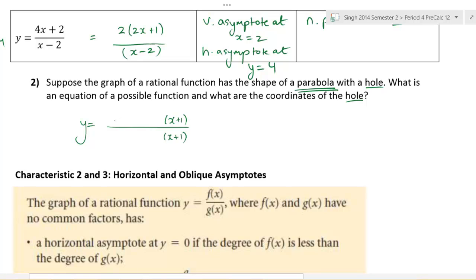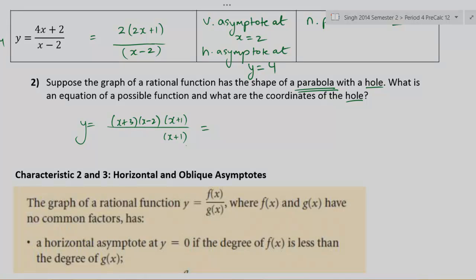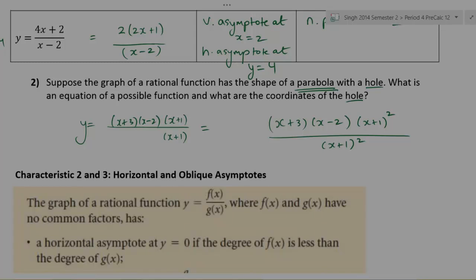So if I just make the top equation another quadratic function, could be any quadratic function, that would be one possible solution. So I could add two more factors here, say x plus 3 and x minus 2. And as a result, this resulting function, this cubic over a linear, would give me a parabola with a hole in it. Sounds good? Okay.